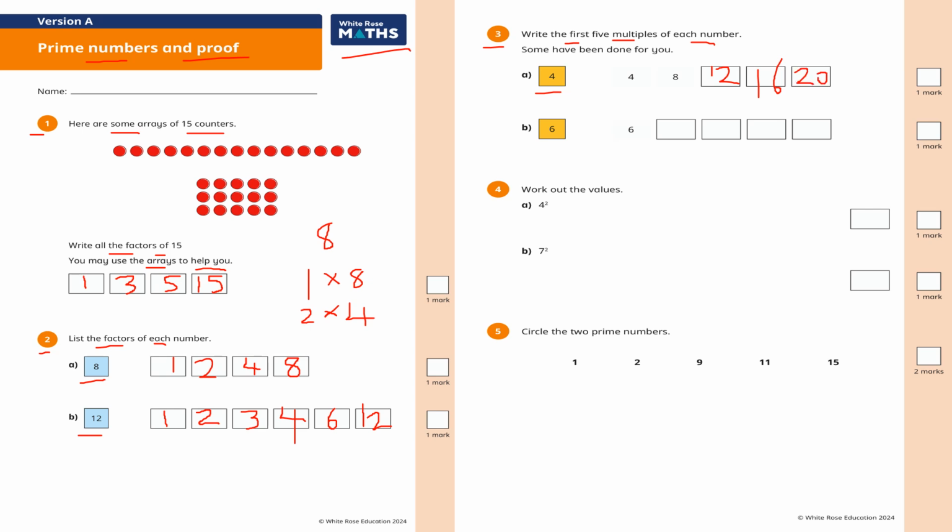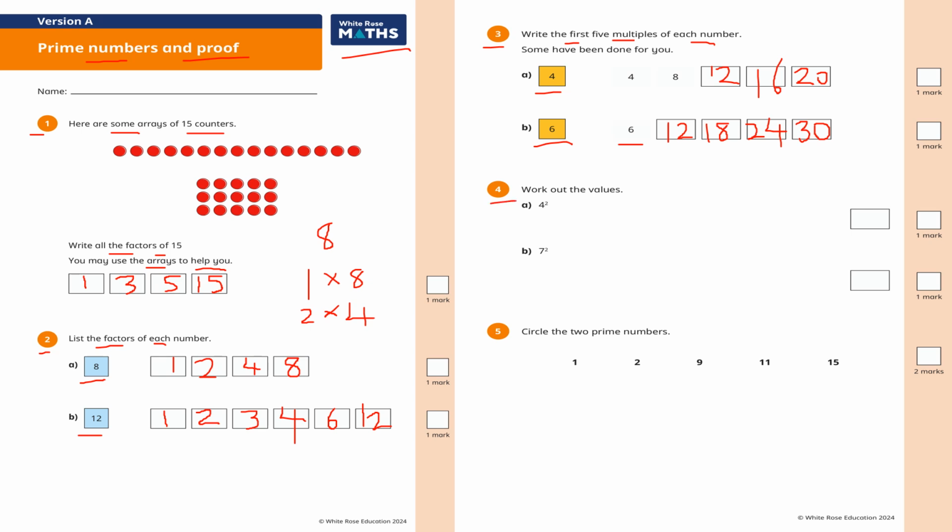And there'll be 24, 28, 32, etc. For 6, we've got 6, 12, 18, 24, and 30. Again, if you're unsure, just add on 6 and use your number line if it's going to help you. I'm doing this pretty quickly, but you need to get to grips with factors and multiples, particularly for GCSE level maths, because they are examined quite a lot on the higher and foundation tier, and it comes up quite a lot.